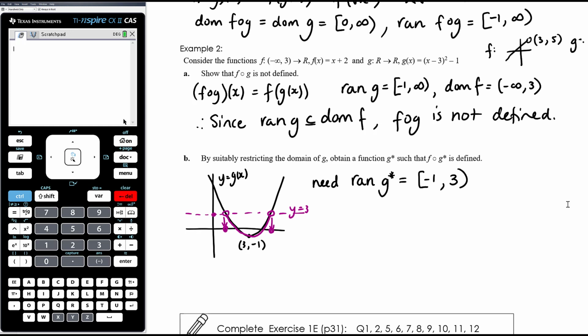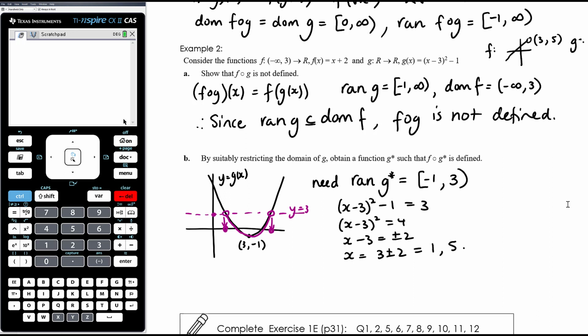So we need to let our function g of x equal 3. So we need (x minus 3) all squared minus 1 to be equal to 3, which is (x minus 3) all squared equals 4. So x minus 3 equals plus or minus 2, the square root of 4. And x is 3 plus or minus 2, which is 3 minus 2 is 1, and 3 plus 2 is 5.